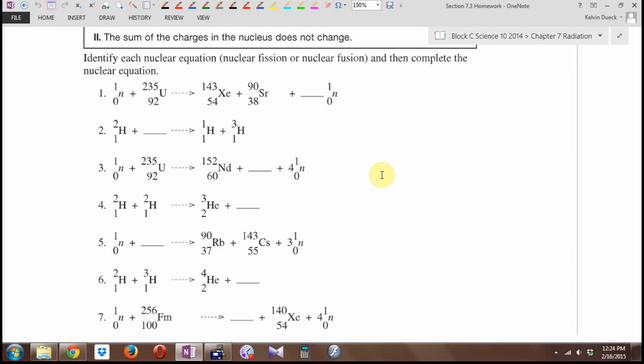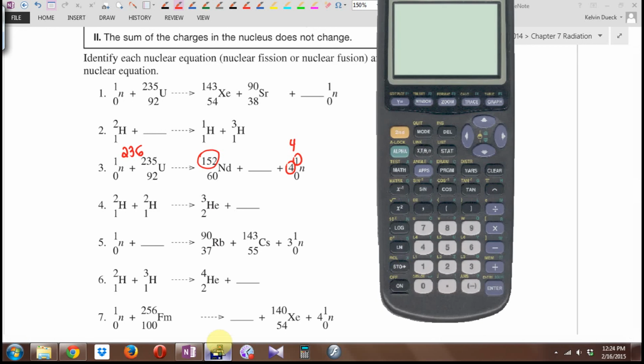It all has to do with the mass. What's 1 plus 235? So the amount of mass I have on the left is 236. How much mass do I have to have on the right? 236. I got 152 here, and this is 4 neutrons, worth 4.